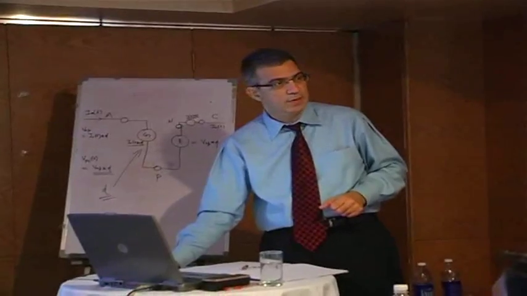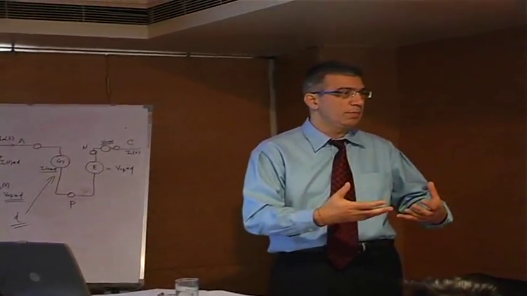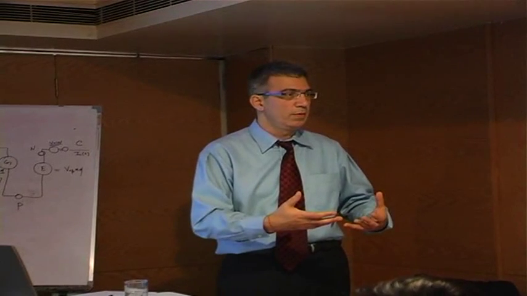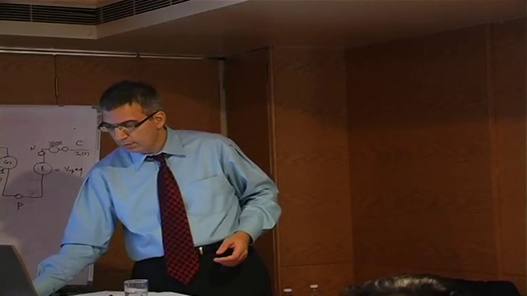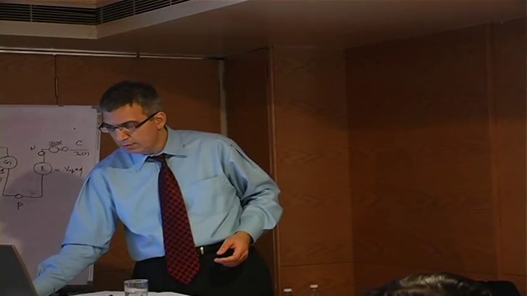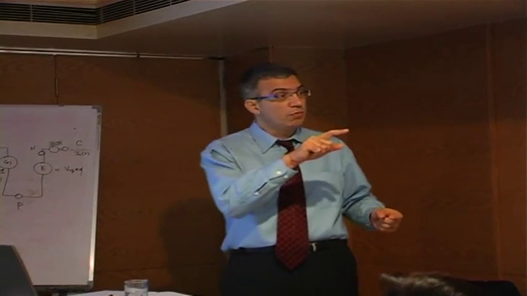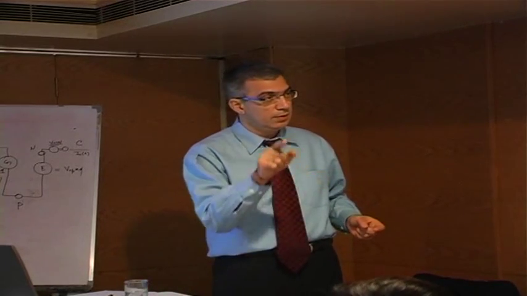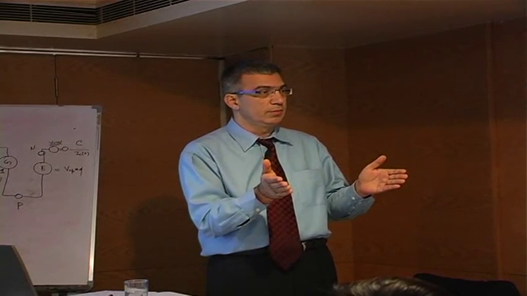So you can plot V out 1 by V in, which will give you the Bode plot for the power stage. And then V out 2 by V in will give you the Bode plot for the whole power stage plus the compensator. That's the open loop transfer function.